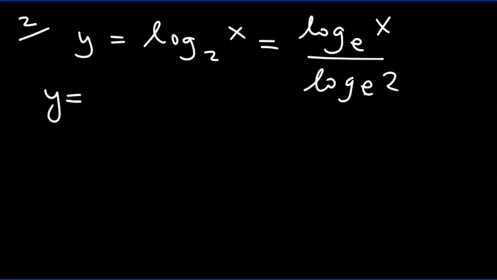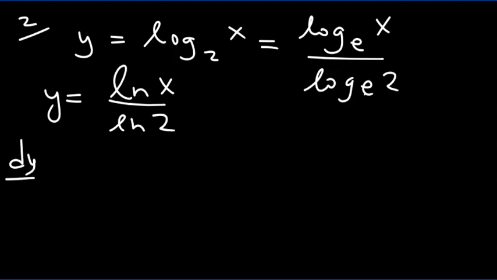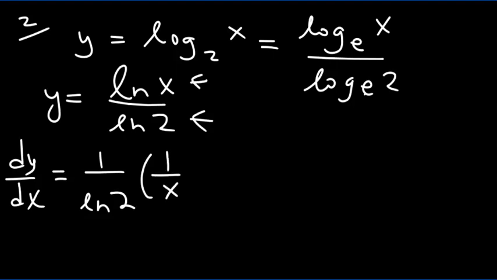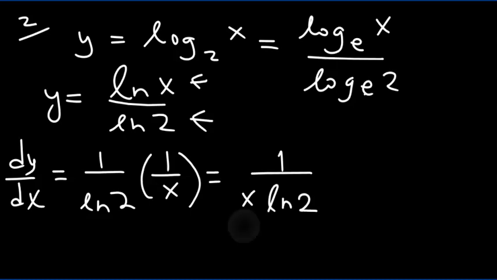So we can write the above as quite simply natural log of x over natural log of 2. So dy dx can be computed readily. Note that the denominator, natural log of 2, is just a constant. You can take that out. And then natural log of x is quite simply 1 over x when you take the derivative with respect to x. So the final answer is 1 over x natural log of 2.